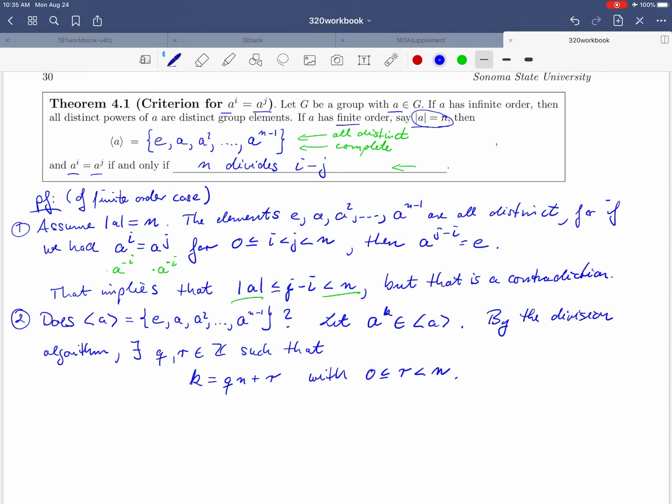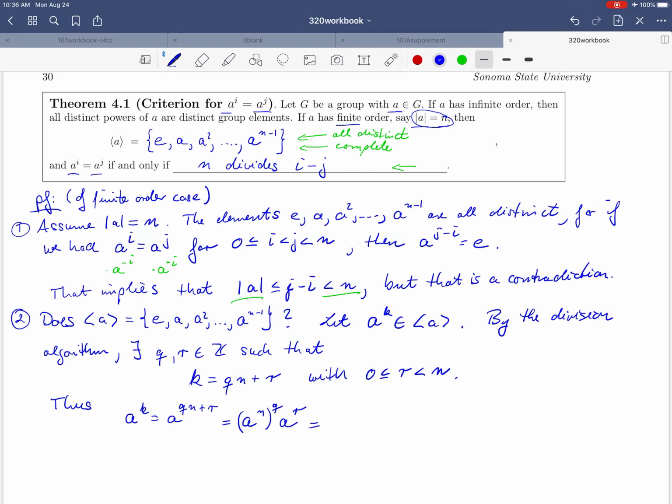Okay, but so now let's use that. So thus, we can write A to the k as A to the qn plus r. And then we can write that as A to the n, to the q, times A to the r.